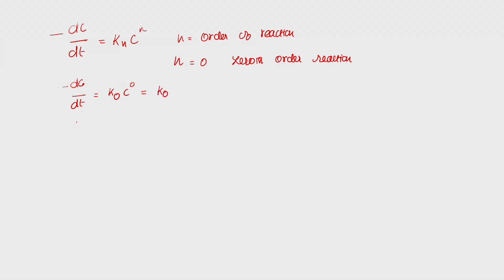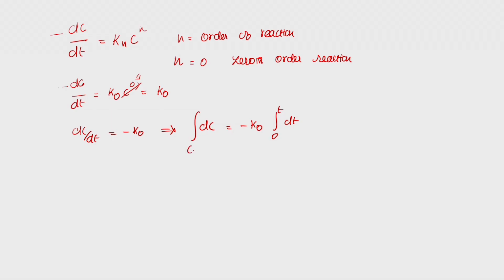Now I integrate over initial concentration C naught and final concentration C over the time 0 to t. So dC is nothing but minus K naught integrated over 0 to t dt.